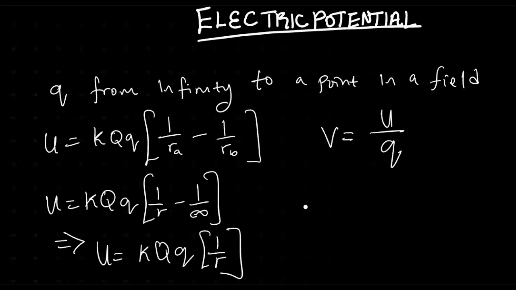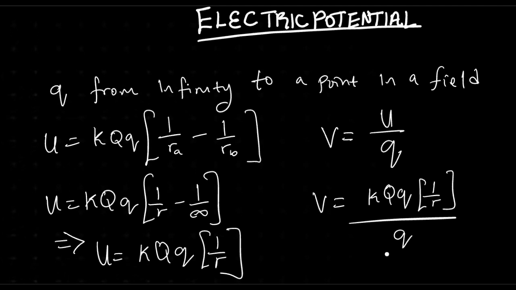That means V will now be equal to KQ, 1 over r, all over Q. So when they cancel out, you have KQ over r. This is what we call electric potential. You should understand that electrical potential is a scalar. Yes, it's a scalar quantity.